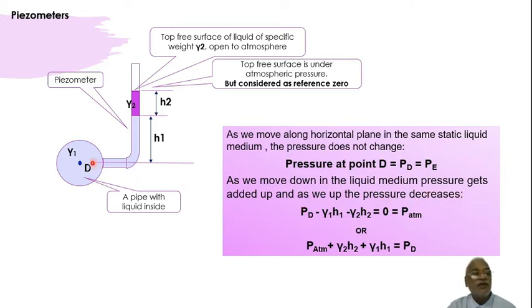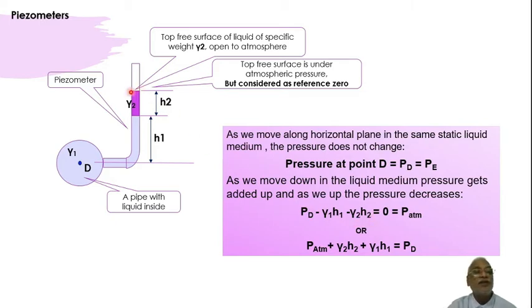So here let us say this is pressure D, and then as we go up the pressure decreases, so I have put a negative sign, minus. And in gamma 1 liquid we are going through a distance of h1, so minus gamma 1 h1. Further up again I move in gamma 2 for a height of h2, up I am moving, so minus gamma 2 h2.